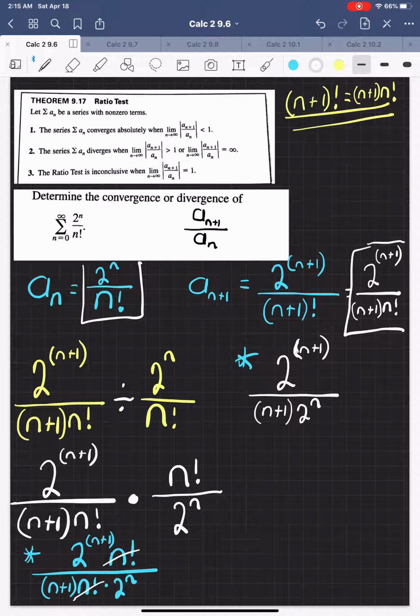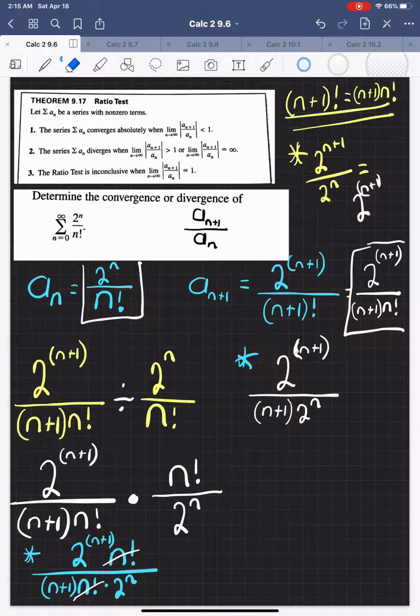Let me write that up here. If I have 2 to the power of n plus 1 over 2 to the power of n, I can rewrite that as 2 to the n plus 1 minus n.